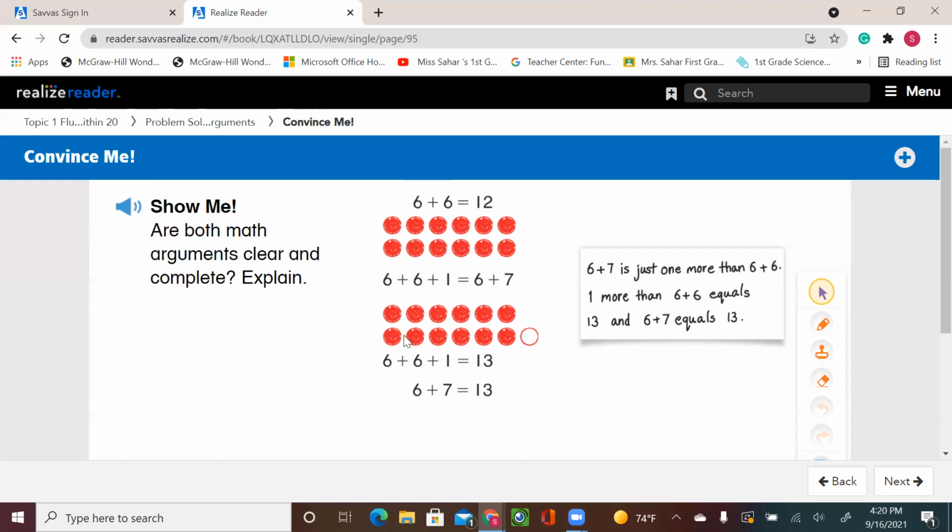And now we have here near double. So 6 plus 7 is just one more than 6 plus 6. So one more than 6 plus 6 equals 13, because I know my double 6 is 12. And then after that, I know near double, which is one more than the 6, 7. So one more than 12 is 13.